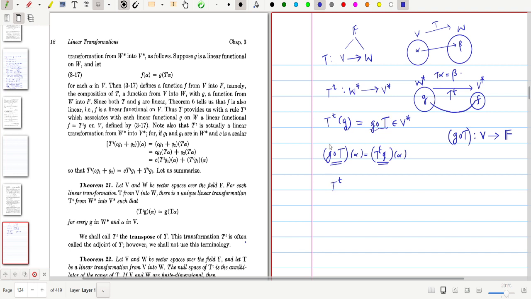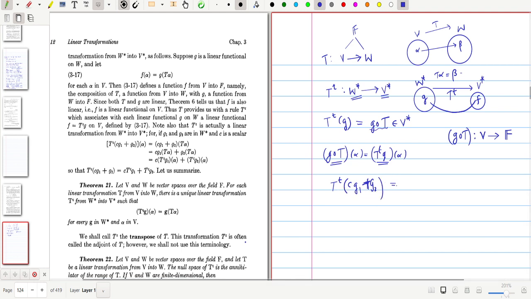But we will prove that T transpose itself, that is a function from W star to V star, is a linear transformation. How will you prove that? We need T transpose of C times G1 plus G2. We choose two arbitrary elements G1 and G2 from W star, and we consider T transpose of this.